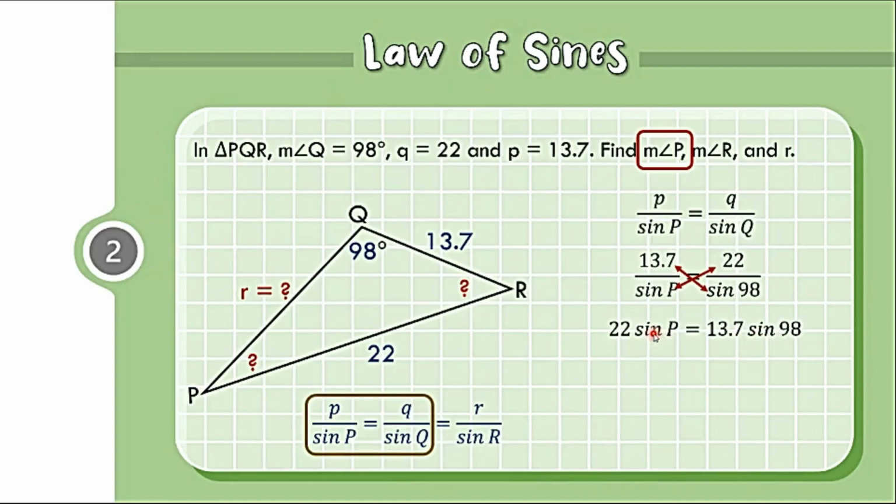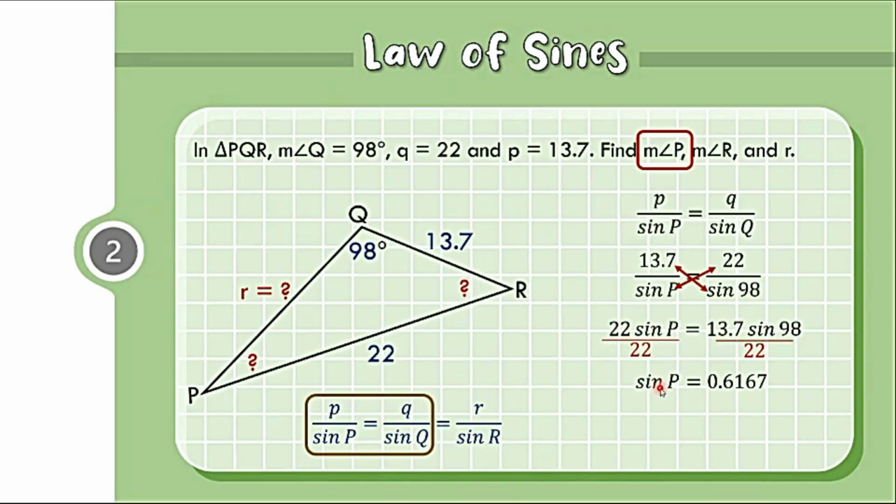Let us isolate sine P by dividing both sides by 22. With that, 22 over 22 will be equal to 1. Using a scientific calculator, let us look for the value of sine P: 13.7 sine 98 divided by 22. Therefore, sine P is equal to 0.6167.